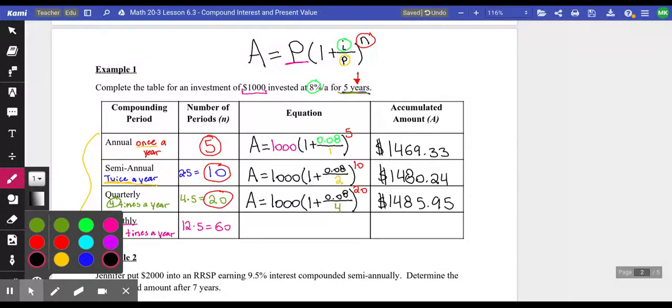Awesome. I want you to pause the video and try to solve the next part of this question.